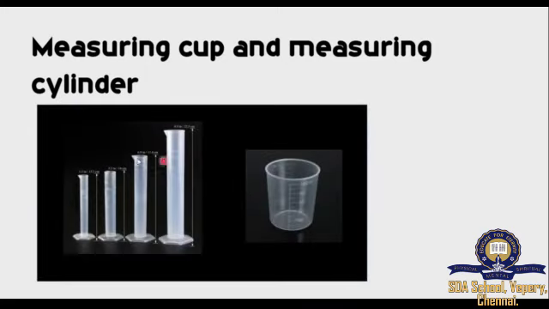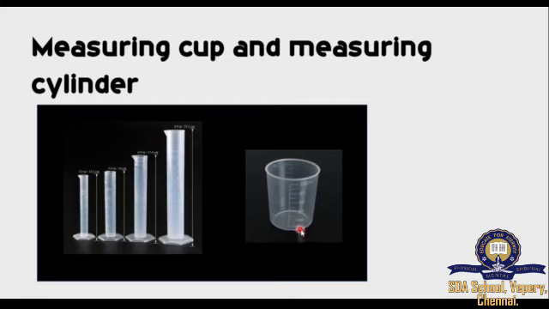For that, we use a measuring cup and measuring cylinder. You may have seen these measuring cups and measuring cylinders when you visited the physics or chemistry lab, right? So, as I mentioned, using this kind of measuring cup and measuring cylinder, it is possible for us to measure even a small quantity or small volume of liquid, right?